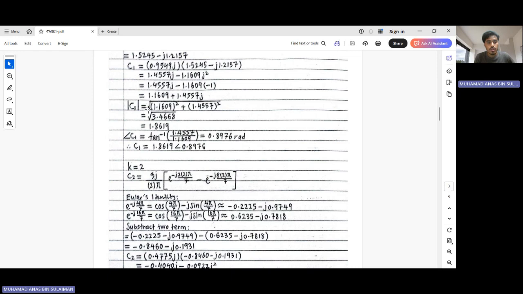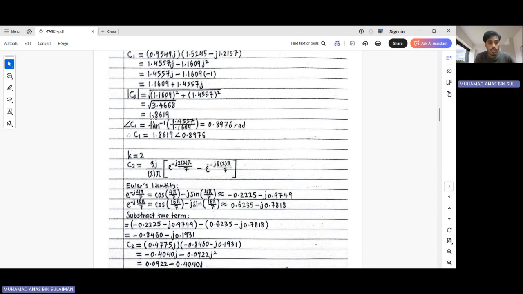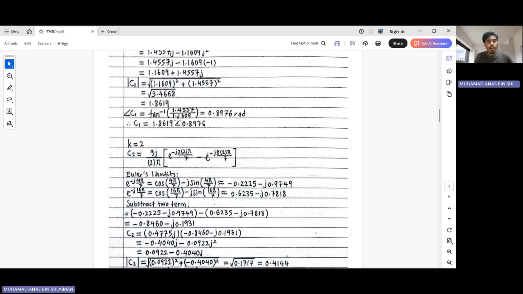We must use the Pythagorean theorem formula, and we calculate the final answer for the magnitude of c1 is 1.8619. And the phase angle of c1, using the formula tangent to the power of negative 1, the final answer is 0.8976 radian.